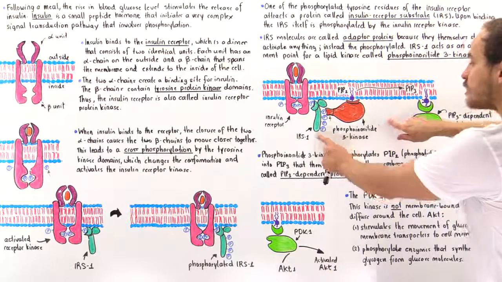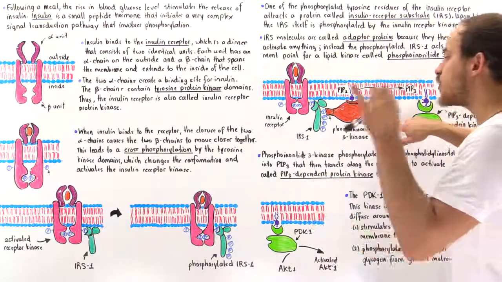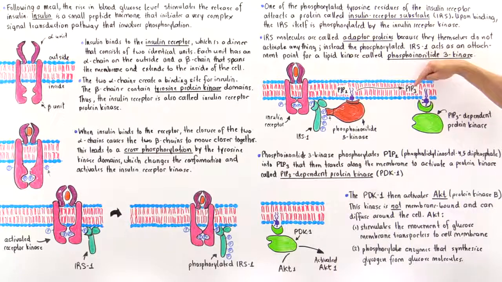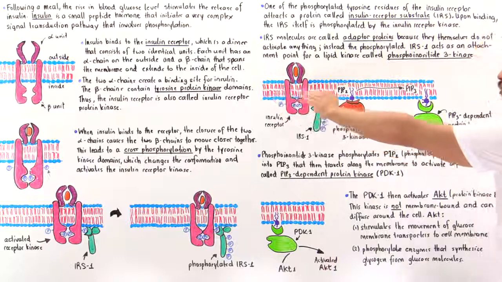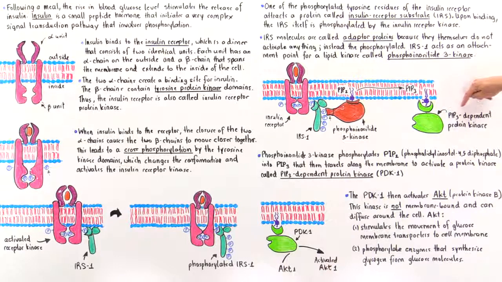We see that this phosphoinositide 3 kinase phosphorylates the third carbon on this PIP2 to form the PIP3. And once formed, the PIP3 moves along the membrane and eventually ends up on a protein known as PIP3 dependent protein kinase.